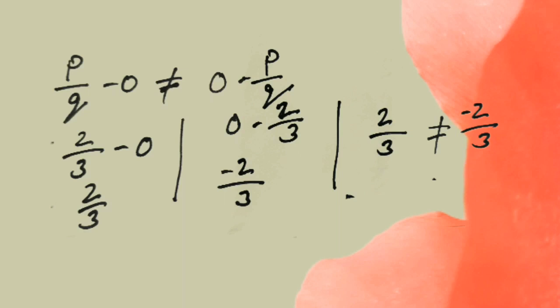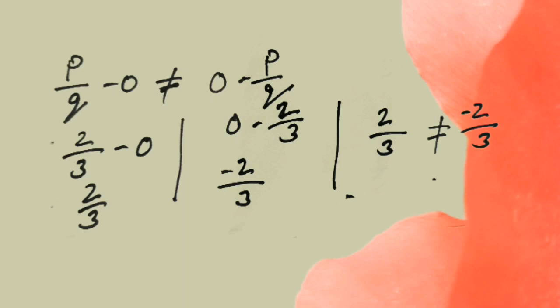But in subtraction, it changes. If you take the rational number P upon Q minus 0 and the other order, 0 minus P upon Q, both answers will not match. As you can see in the example, 2 by 3 is the rational number, and subtracting the identity, 2 by 3 minus 0, the answer is 2 by 3.